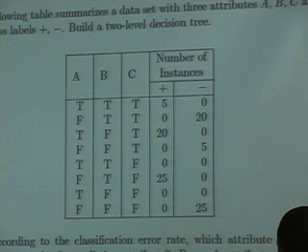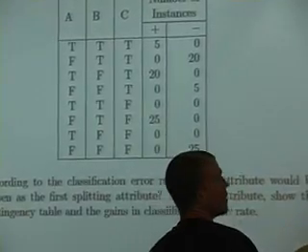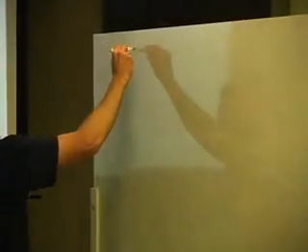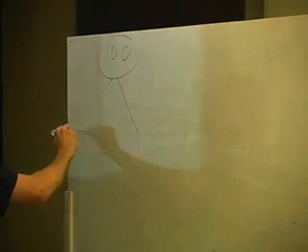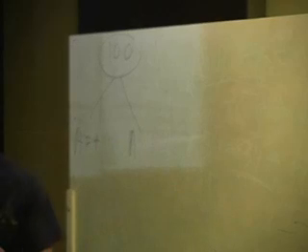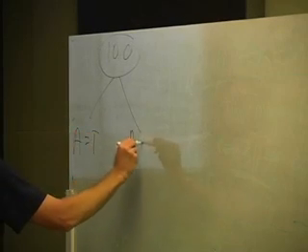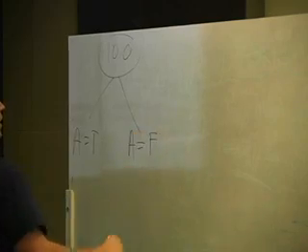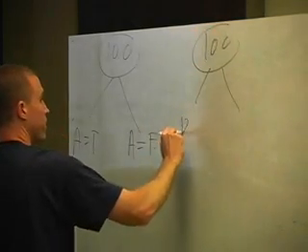So what's really going on here? There are actually 100 things. You start with 100 things in your terminal node. You can do A equal true or A equal false. That could be your first split. You could do B equal true or B equal false.